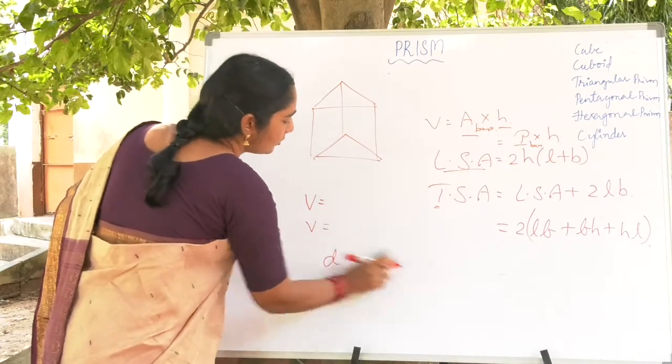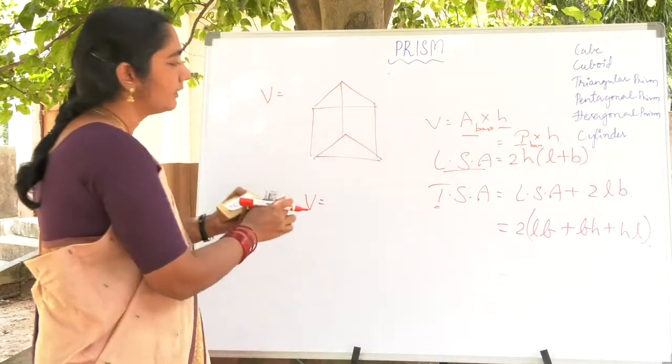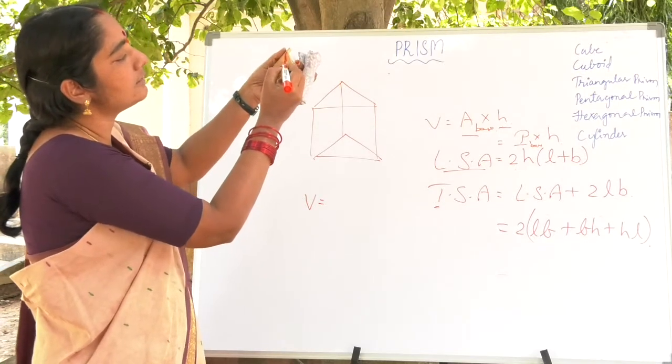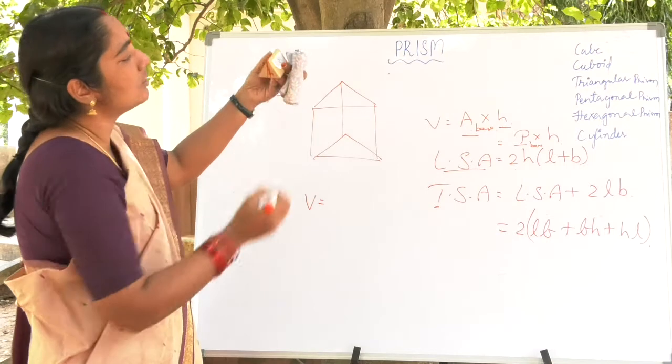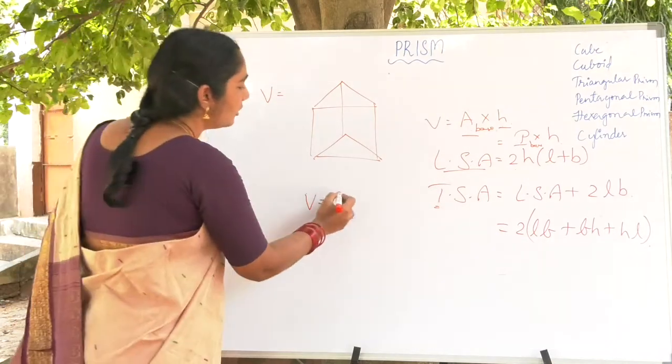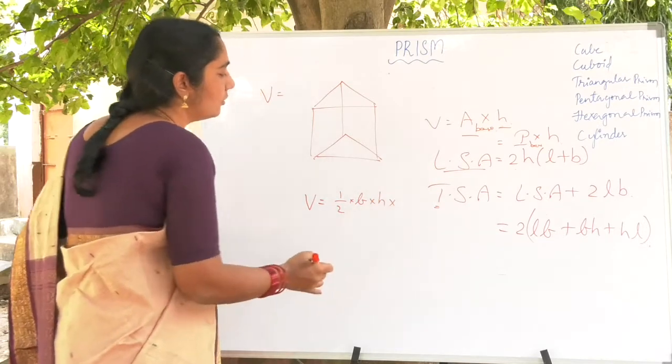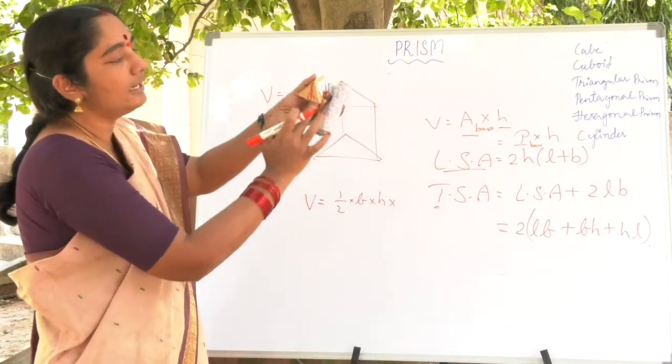In this case, let us not get confused with the height. Let us call the height of this triangle h. So half into base into height gives you the area of this triangle.